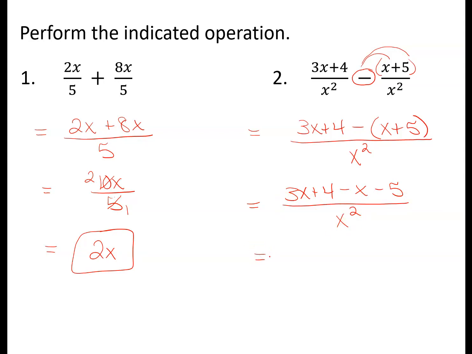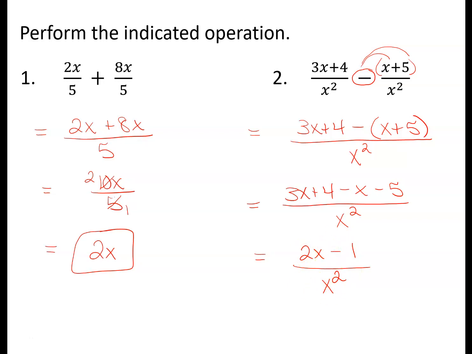Now I'm going to combine like terms. So I've got 3x minus x would be 2x, and 4 minus 5 would be negative 1. And I'm still keeping my common denominator. And then I'm going to check to see, can I simplify this? Well, I have subtraction, which prevents me from just jumping in there and canceling.